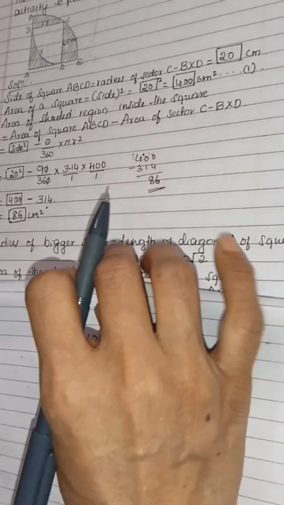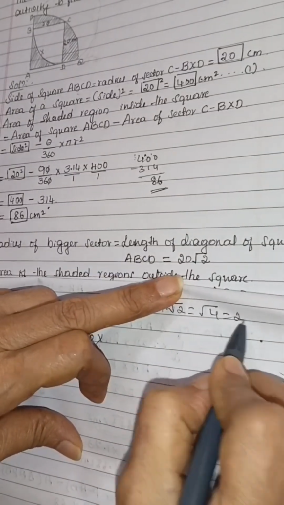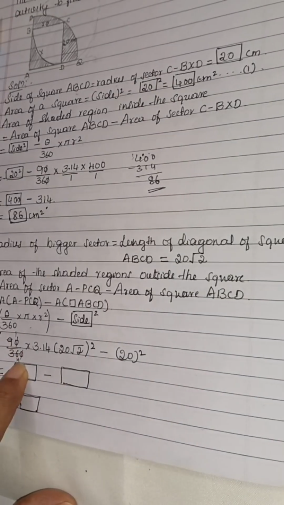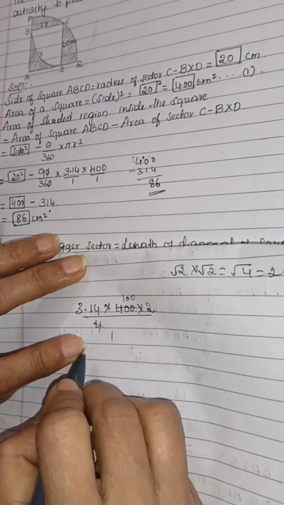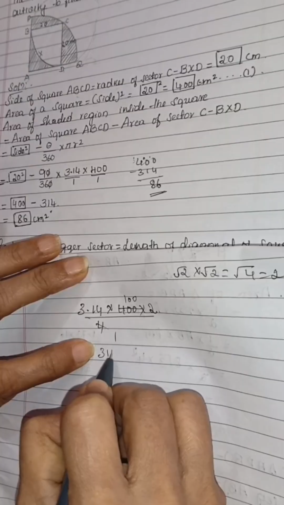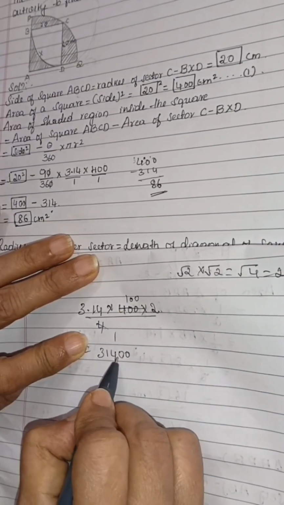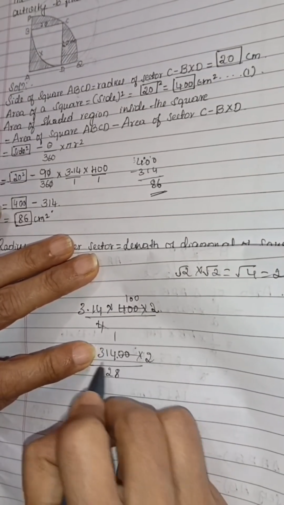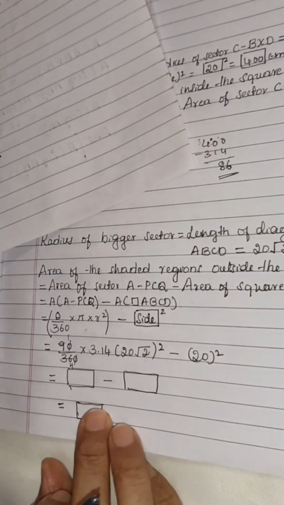Root 2 multiplied by root 2 is 2, so we multiply by 2 and divide by 4. 4 ones are 400 times, so it is easy: 3.14 multiplied by 100, add two 0s, then put the decimal point, multiplied by 2. 4 2s are 8, 2 1s are 2, 3 2s are 6. The answer is 628.